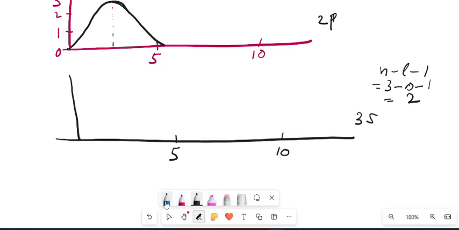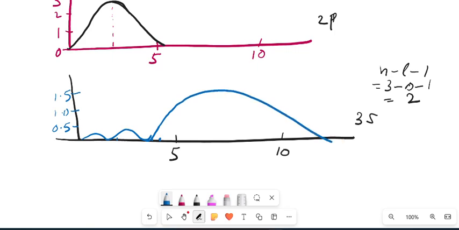The graph shows the two nodes, that means 2 points where the probability of finding the electron is 0. One is this and one is this.